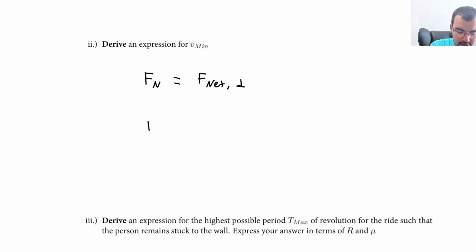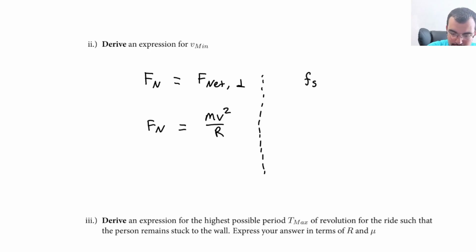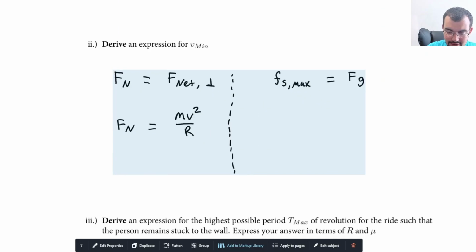So this means the normal force is equal to mv squared over r. That's all we can do with that one right now. But we also know that if the rider is balanced against the wall, static friction's maximum value can support them. And I'm saying Fs is Fs max because we're looking for this cutoff speed, V min.